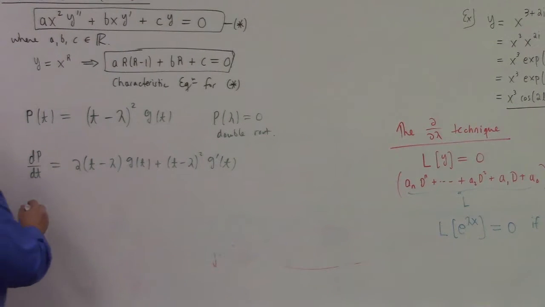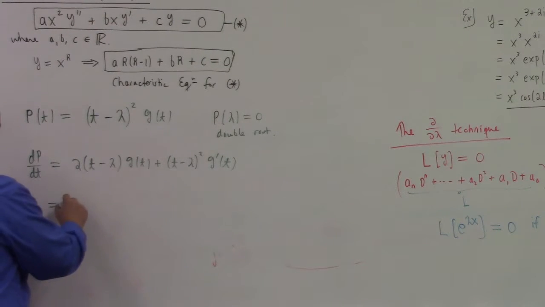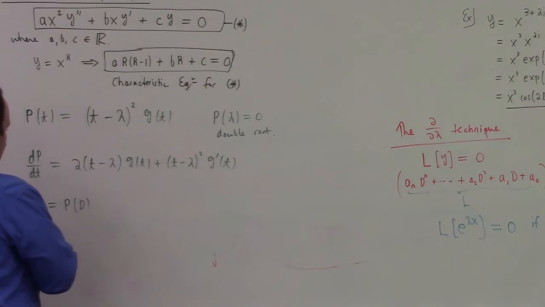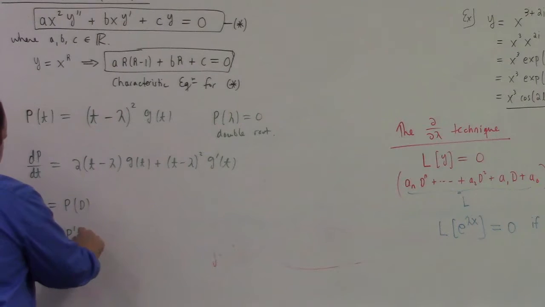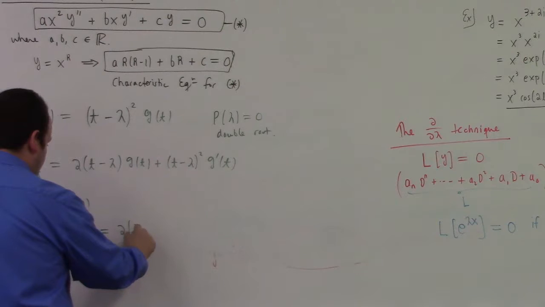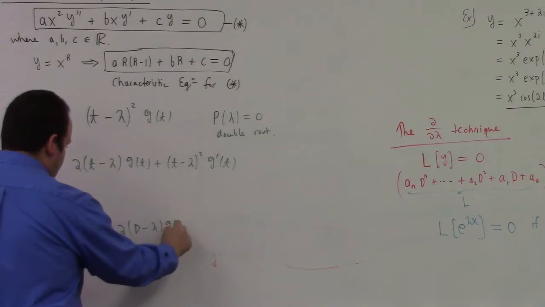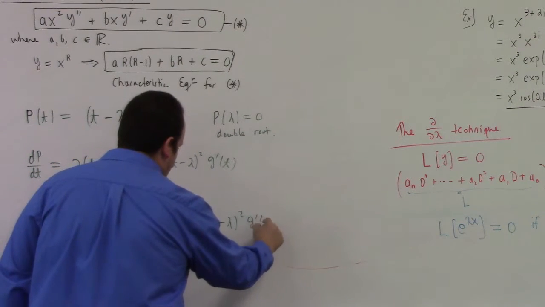Let's see here. So if I have L equal to P of D, then partial L partial T will be exactly P prime of D, which would be 2 times (d minus lambda) g of d plus (d minus lambda) squared g prime of d.